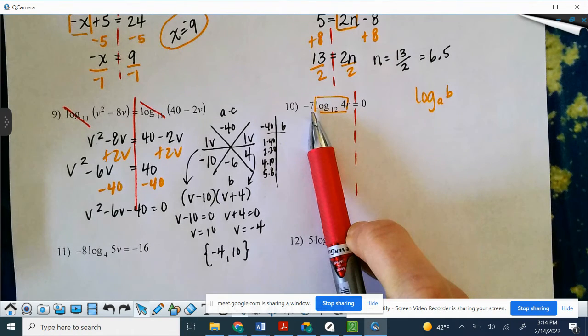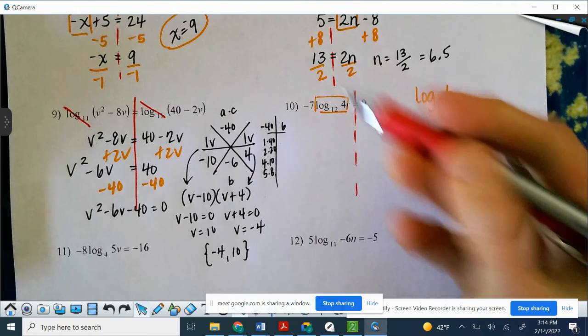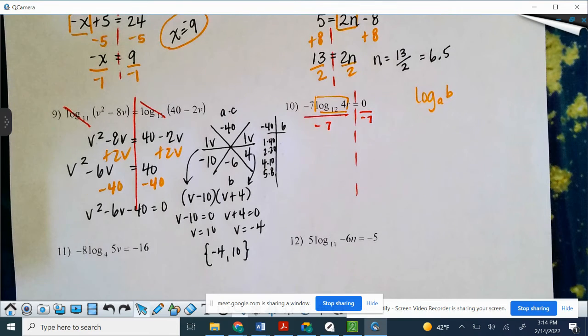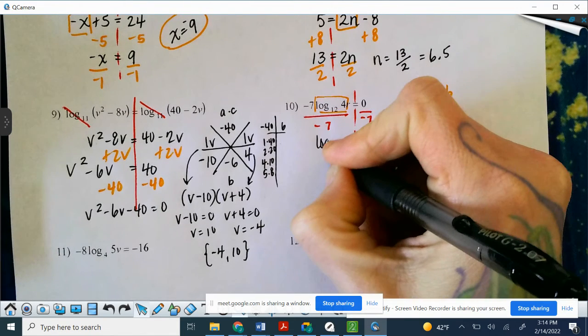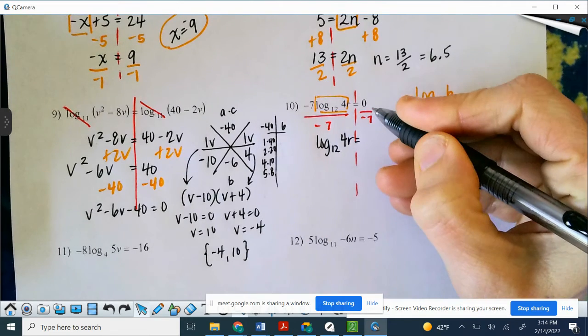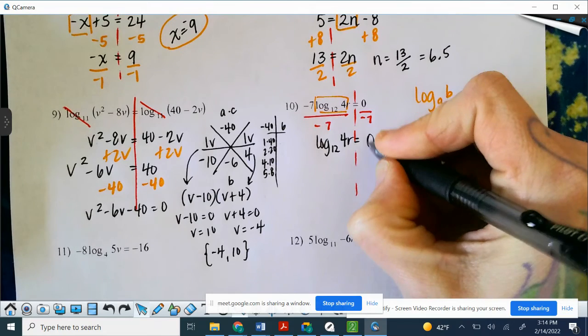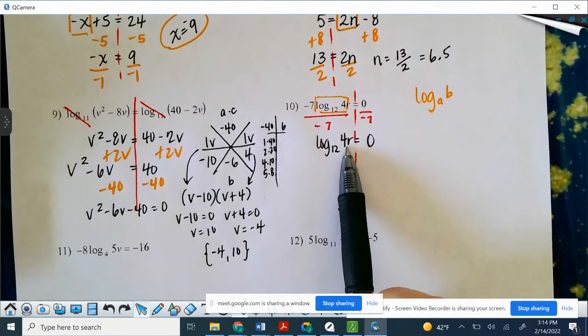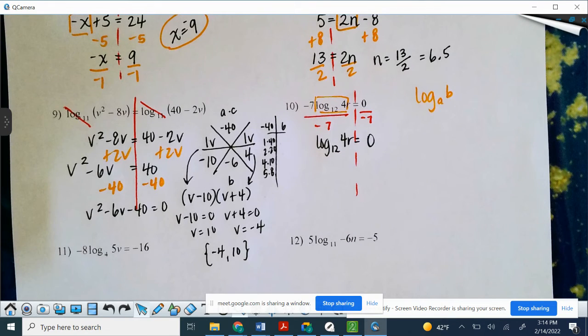That negative 7 is attached by multiplication, so we are going to undo it by dividing by negative 7. In this case, it doesn't make any difference. So log base 12 of 4r now equals 0 divided by negative 7, which is 0, because 0 is on top. Now you see your variable is attached to log, so your log buttons on your calculator are not going to help you.